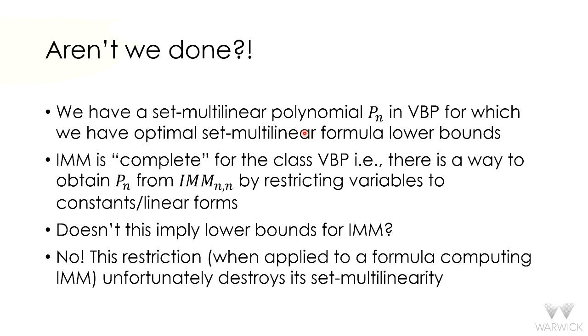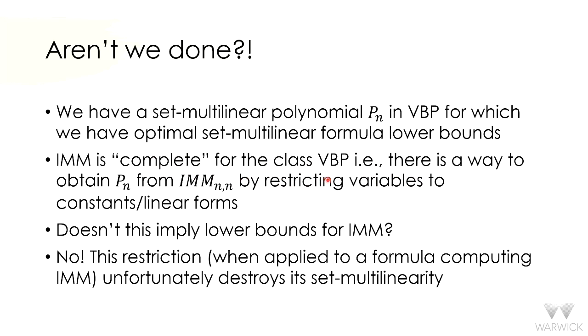And I also mentioned that IMM is complete for this class. And if we're able to show the lower bounds that we have for our polynomial for the IMM, then we have formula lower bounds. So you may think to yourself, wait, aren't we done already? Because the IMM is complete for this class. But here's the catch.